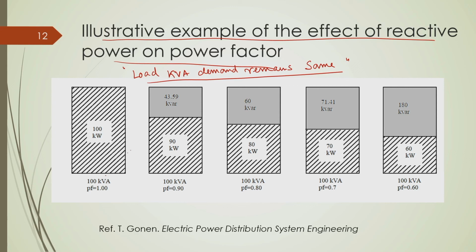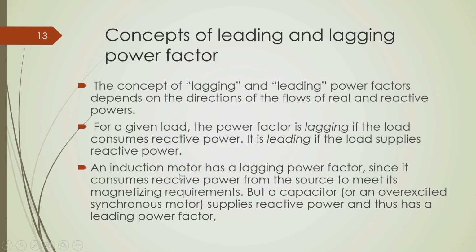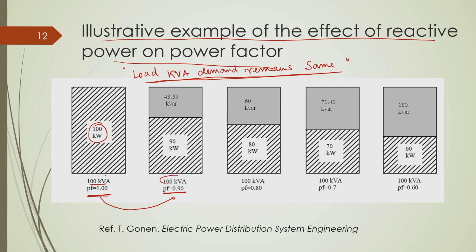You can see here I want to maintain my load kVA demand the same. If the power factor is 1, that is unity power factor, then 100 kVA corresponds to 100 kilowatt. Now, what will happen if the power factor is changed to 0.9, keeping the kVA demand constant at 100 kVA?